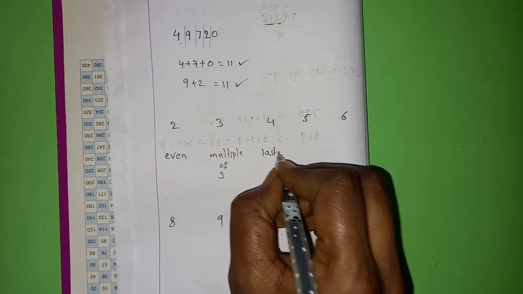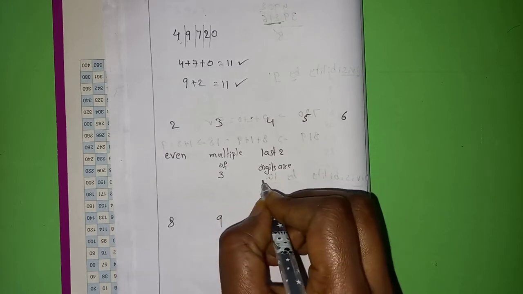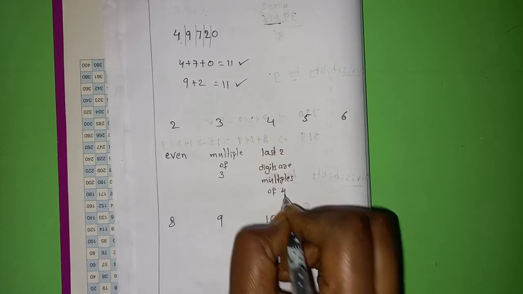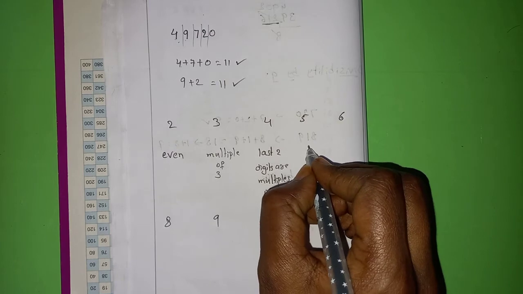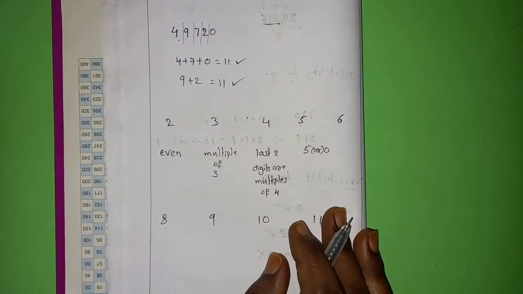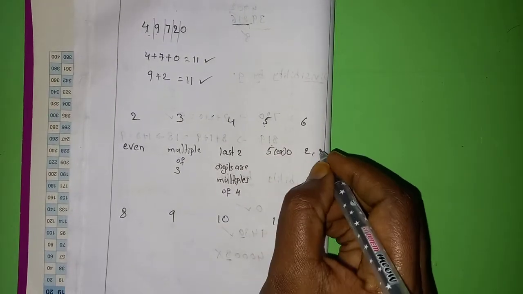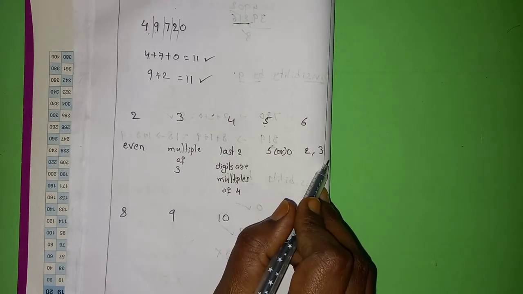If last 2 digits are multiples of 4, then that number is divisible by 4. The last number is 5 or 0. It's divisible by 5.